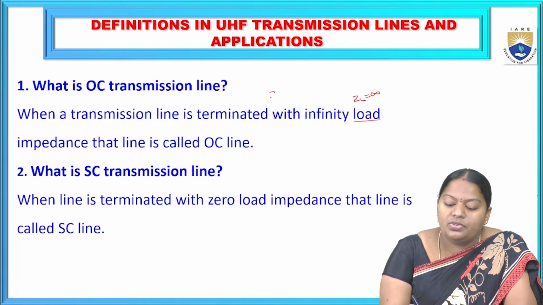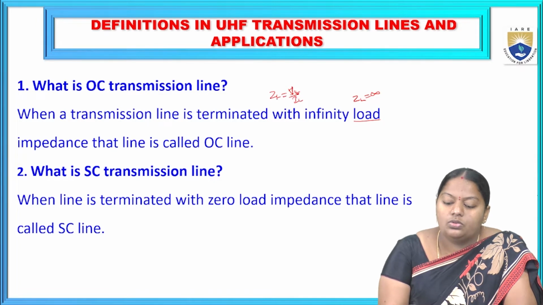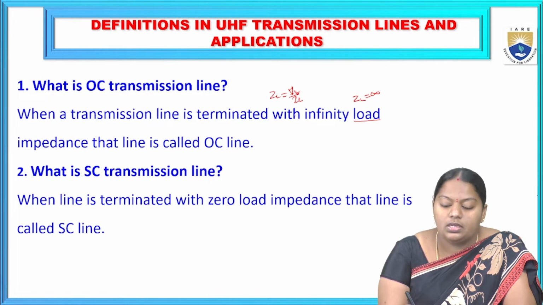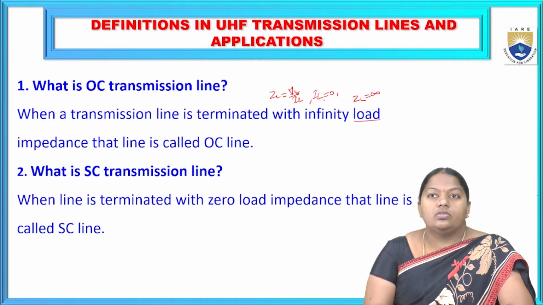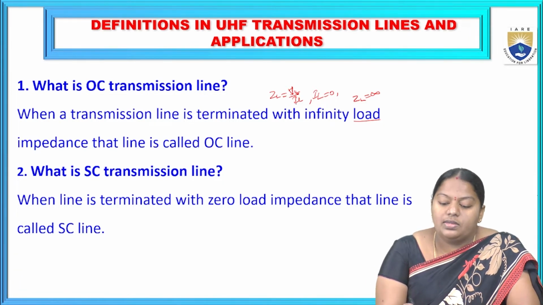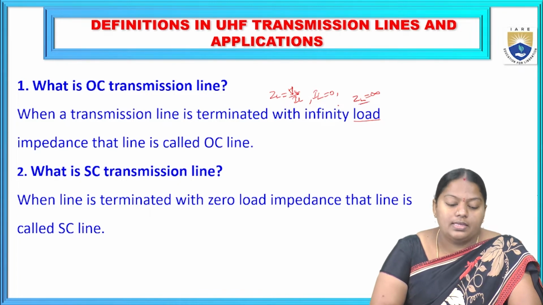Now, the formula for ZL is ZL equal to VL by IL, right? So in the open circuited case, the current IL flowing through the load element is 0. If you substitute IL equal to 0, then the load impedance is infinity.